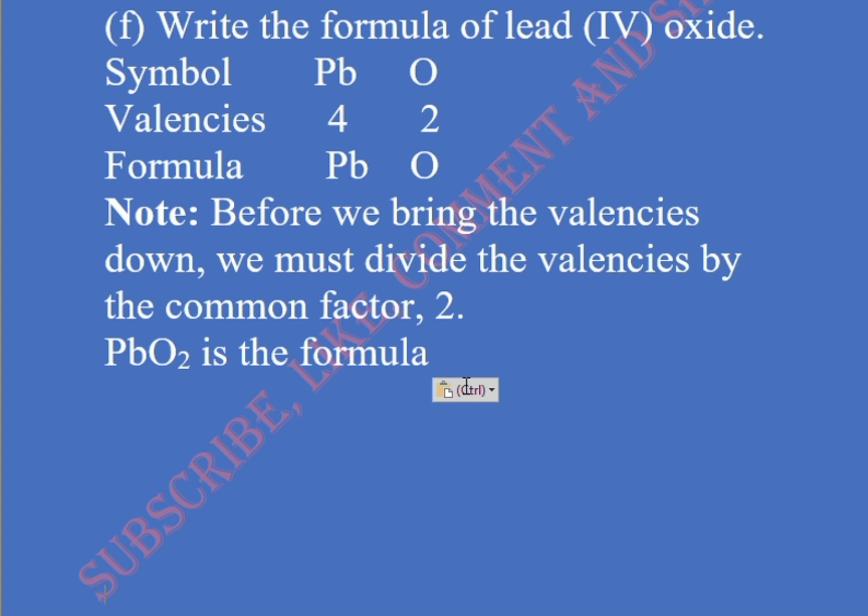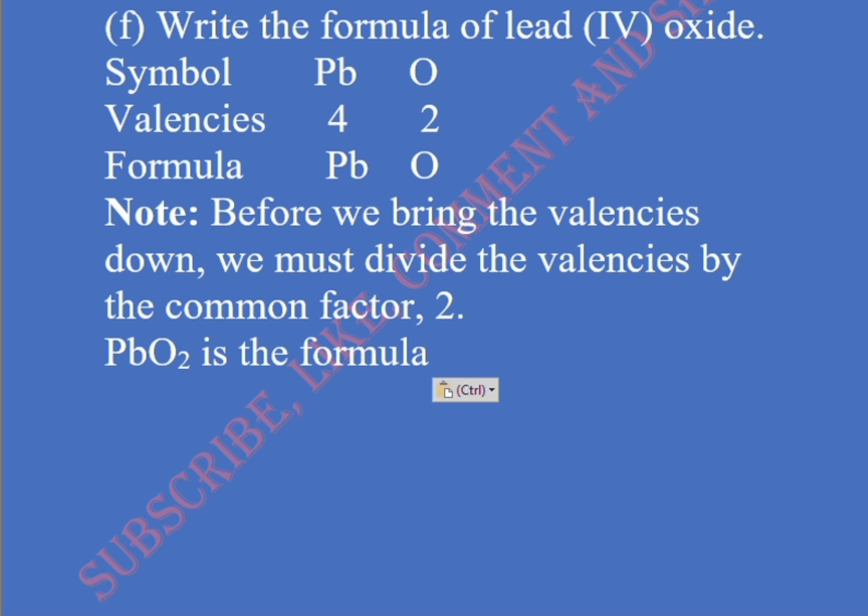So when we have the valencies between 2 elements, or between an element and a radical, or between 2 radicals, if the valencies have a common factor, we divide both the valencies by that common factor, so that we can come up with the simplest one.